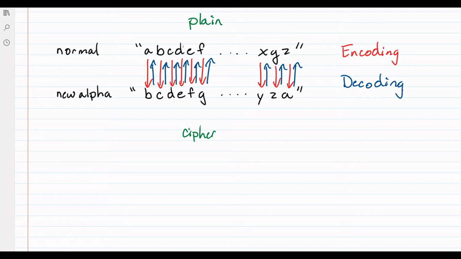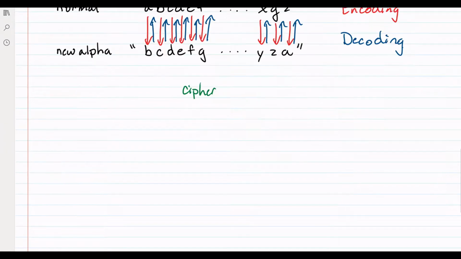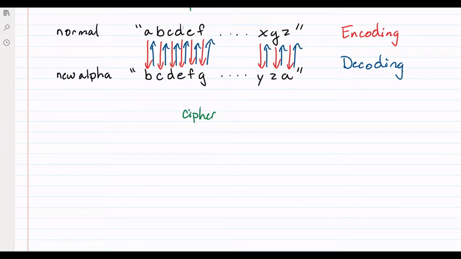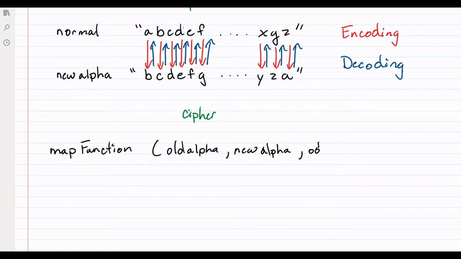So what we could do is write a function, I guess, maybe call it a map function, right? That function would need the normal alpha. Since we're going to be changing things, let's call it the old alpha, the new alpha for my new message, and then the old message.